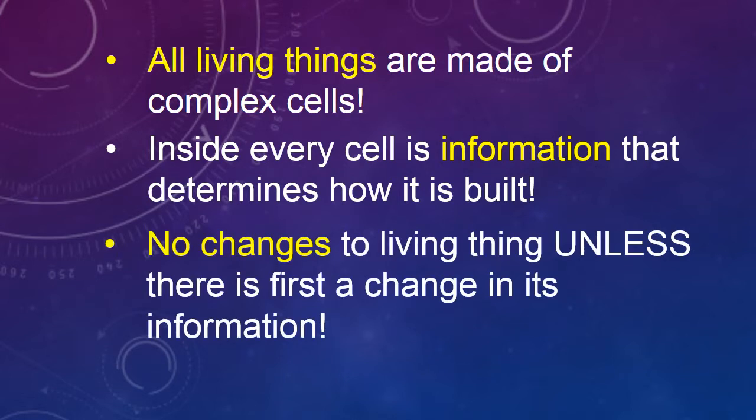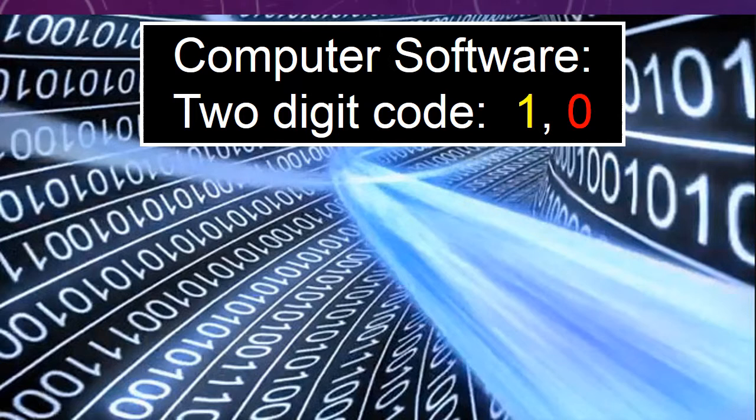And there are no changes, there's no evolution or changes or variation to living things unless there's first a change in its information. Now, a computer software that we use every day in our computers, our desktops, and our mobile phones are made up of a 2-digit code.